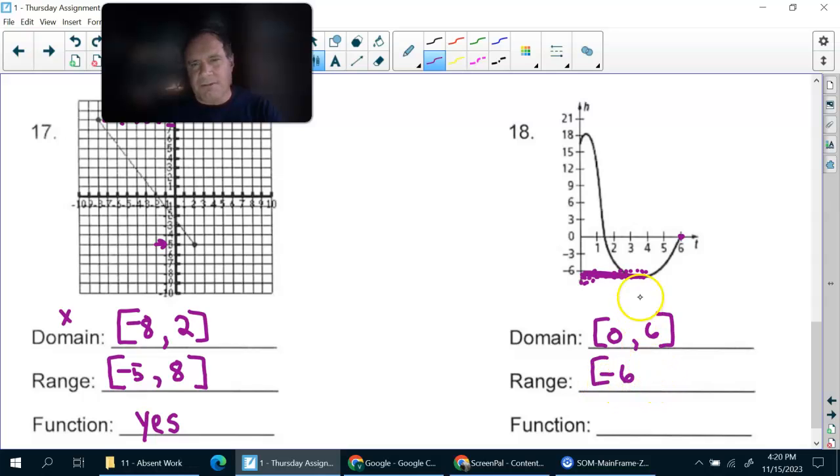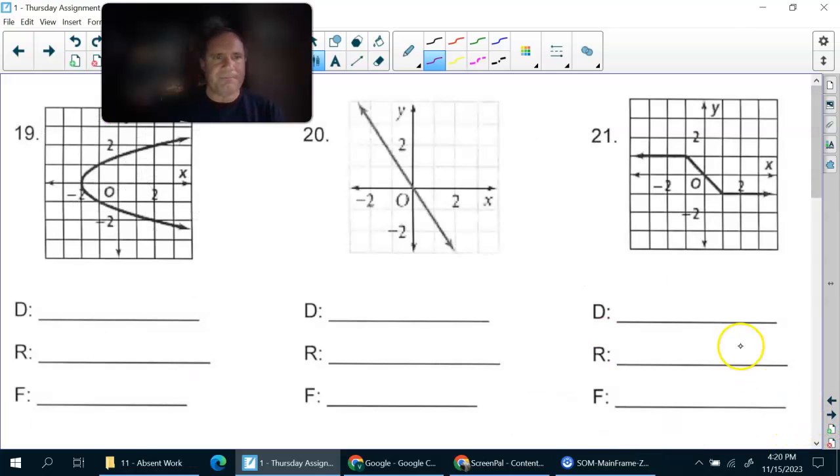That's the lowest part of the graph. It might be -7, but it doesn't matter. You know what it is. This part of the graph right here is the highest part of the graph, and it looks like 18 to me, and that is definitely included. So we put a bracket on there. Is this a function? Yes. If we did a vertical line test, it would only go through once.